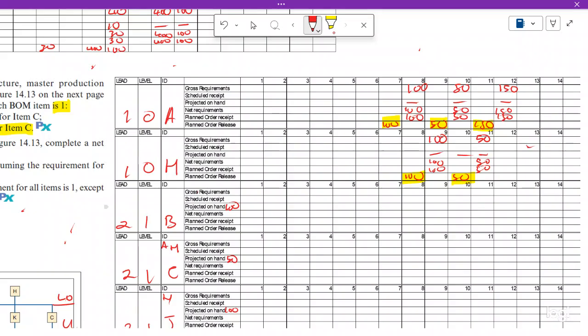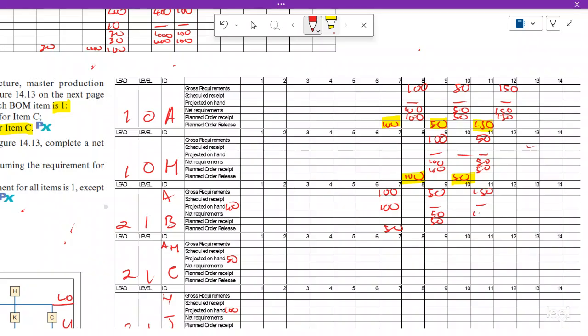So B is times 1, it receives from A. It's very critical that you know where it's receiving from. Then it's received from A, there becomes 100, and it has 100 on hand. Then receives 50, has nothing on hand, receives 150, has nothing on hand, with a lead time of 2 weeks.